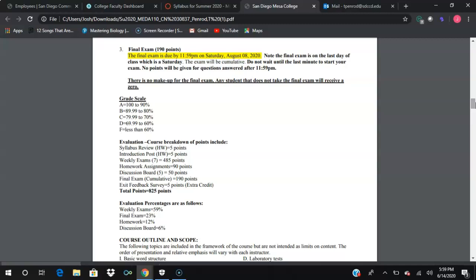Okay. We do follow this grading scale basically across the board. This is the way all of our allied health professions have their grading scale set up. 100 to 90% is an A, 89.99 to 80% is a B, and so forth all the way down.